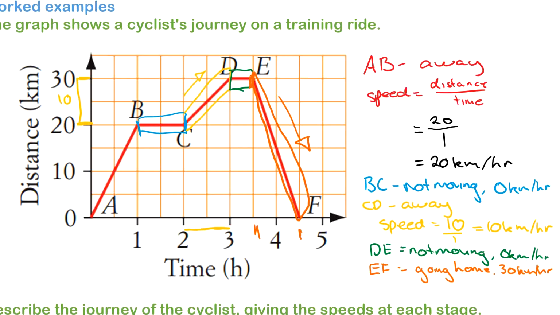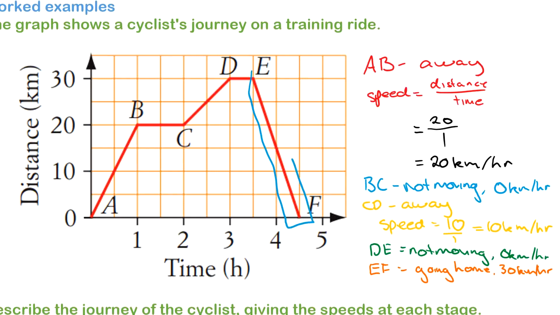If I rub out all this stuff here to have a look at the graph again, some other things we can point out is that this section we just covered, E to F, is a lot steeper than any other section where we're moving. And it makes sense because when we calculated the speed, it was the highest. This was 30 kilometers per hour, and it is also the steepest.